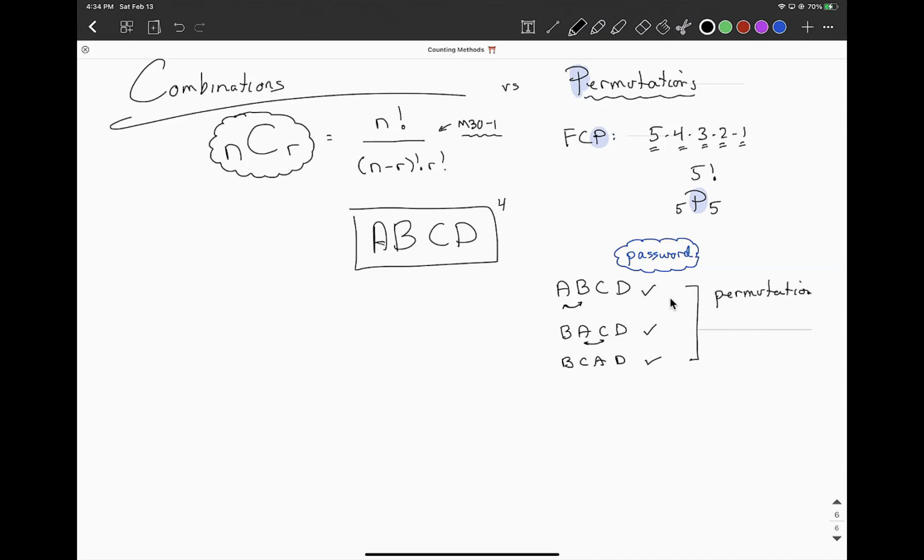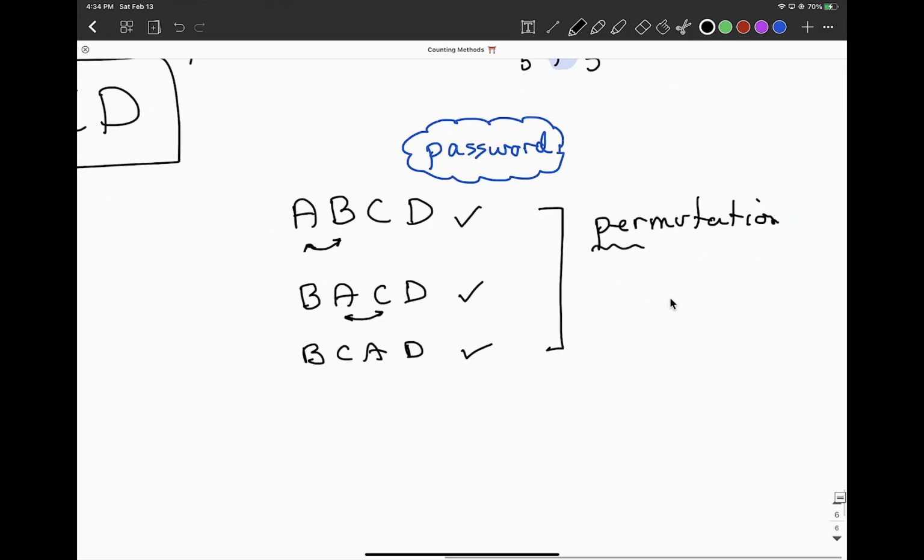And one of the most meaningful definitions of a permutation, shown exactly in what I'm doing here on the left, is when rearranging creates new outcomes.